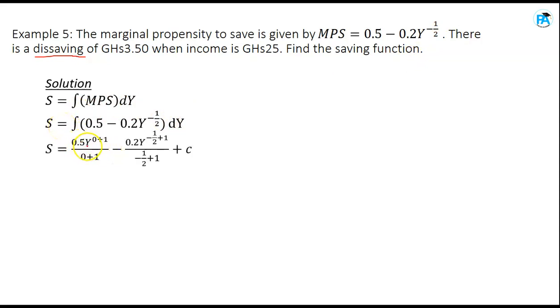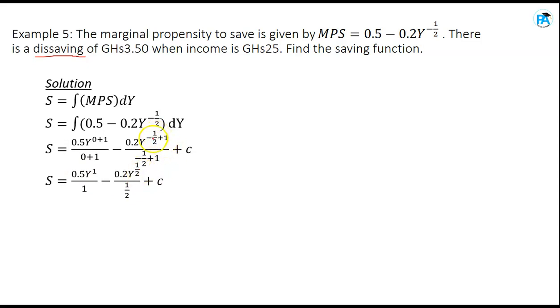So we have 0.5y exponent 0 plus 1 divided by 0 plus 1, minus 0.2y exponent, so we add 1 to the exponent of this as well, divided by the new exponent, which is negative 1 over 2 plus 1, plus c, isn't it? So when we do that, we get 0.5y exponent 1 divided by 1, minus 0.2y exponent 1 over 2.